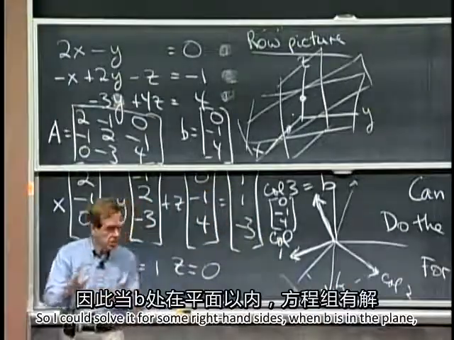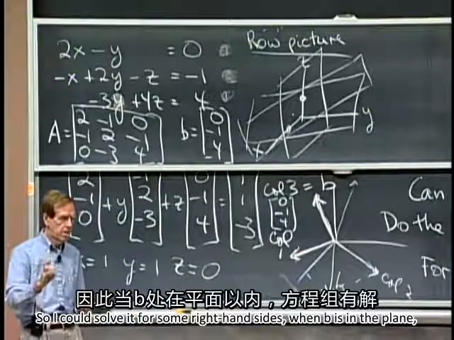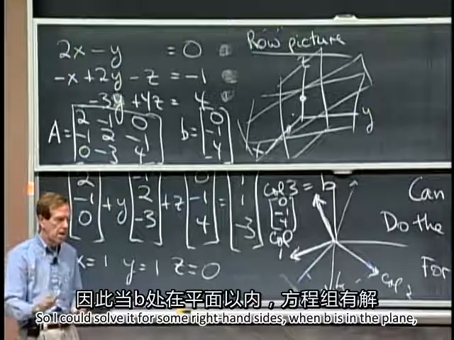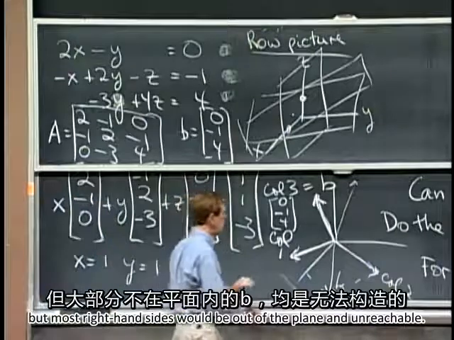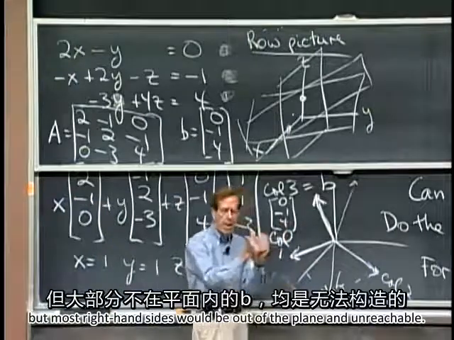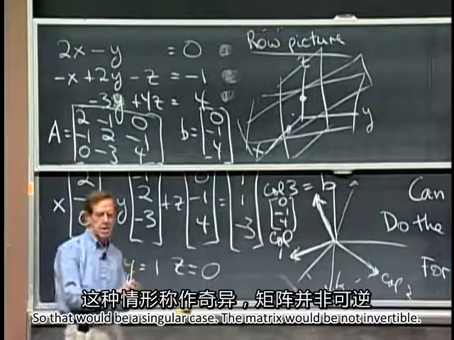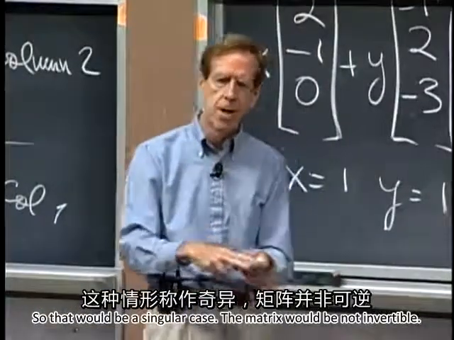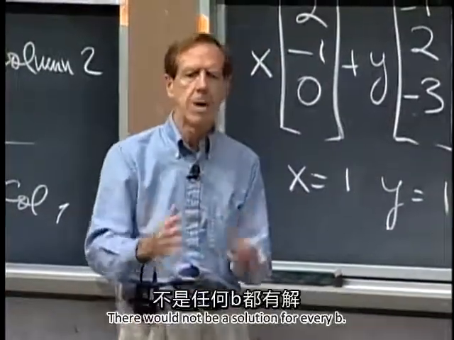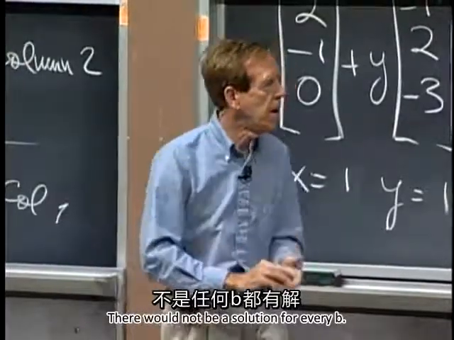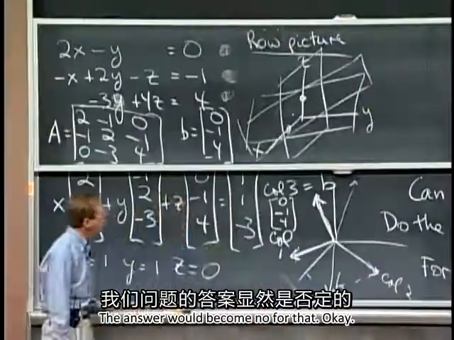So I could solve it for some right-hand sides when B is in the plane, but most right-hand sides would be out of the plane and unreachable. So that would be a singular case. The matrix would not be invertible. There would not be a solution for every B. The answer would be no.